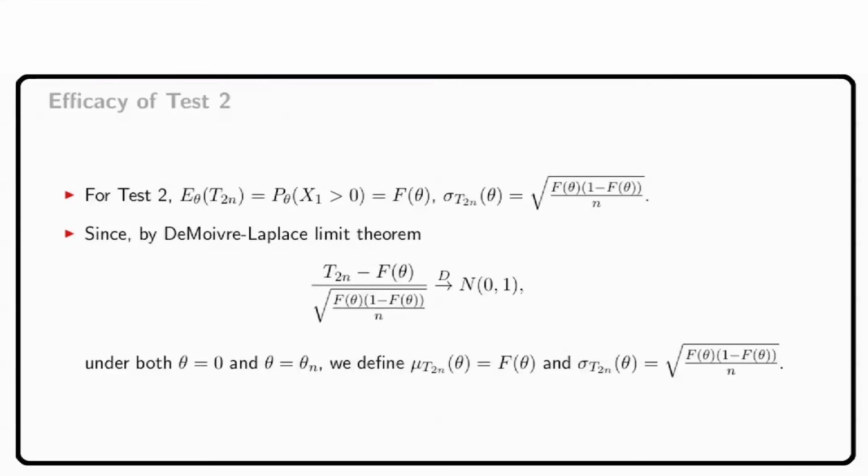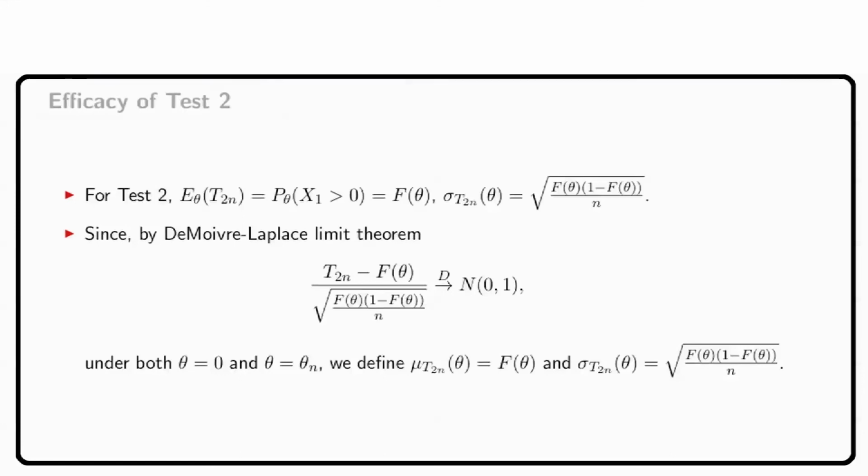Next, considering the sign test statistic, we find that (T2n minus F(theta)) divided by root of F(theta) into (1 minus F(theta)) by n converges to normal 0, 1 in distribution by the de Moivre-Laplace limit theorem under both theta equal to 0 and theta equal to theta_n.